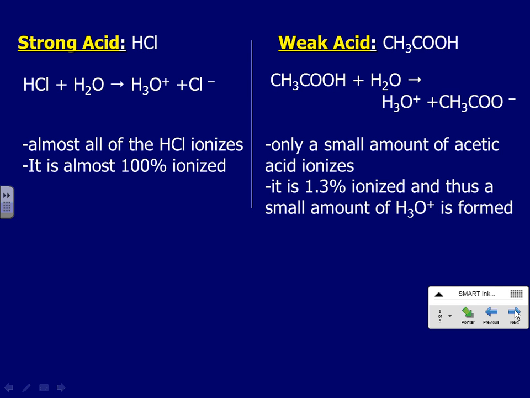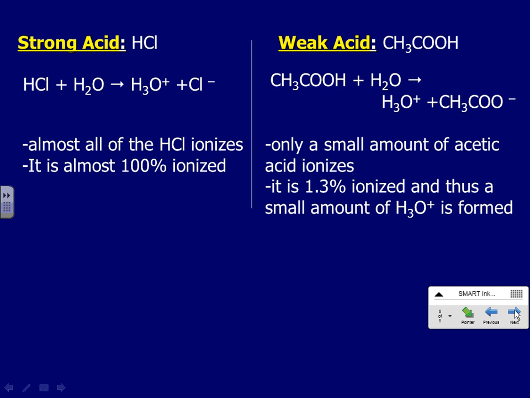The reverse situation is if the H3O+ gives it back to the Cl- and turns it back into an HCl. But in this case, because it is strong, almost 100% of it is turned into the Cl- and the H3O+.